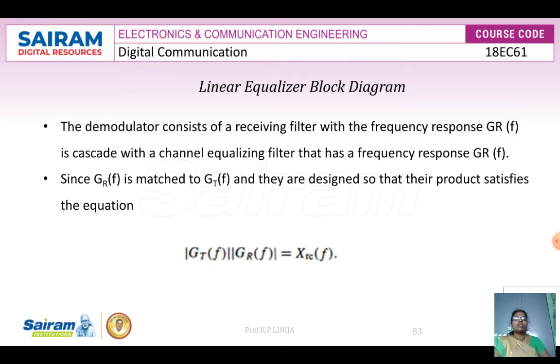This is the product equation. In order to satisfy this equation, the main concentration should be on the design of the filters. All of you understood? Yes. Shall we proceed next? Yes.